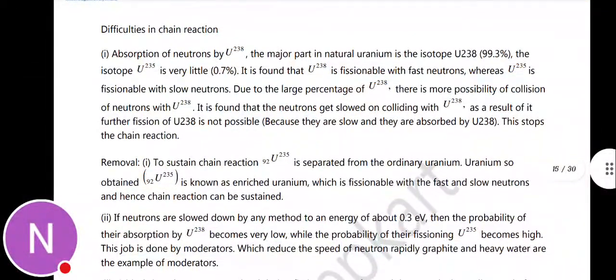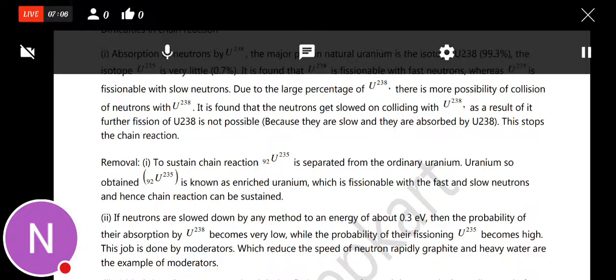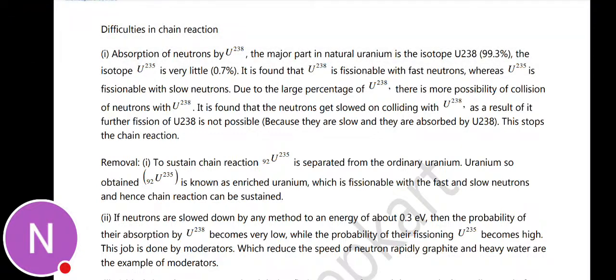So what are the difficulties that we get in a chain reaction? The first is absorption of neutrons by uranium 238. The major part of natural uranium is the isotope uranium 238, that is 99.3%. The isotope uranium 235 is very little, that is 0.7%.